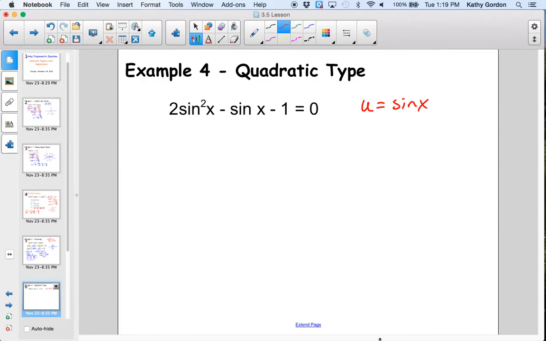So we can do u substitution in this case to make it look like just a quadratic. So we can deal with just the quadraticness of it. And then we can come back and deal with the trigness of it, rather than trying to deal with both at the same time and having our little brains explode on us. Okay? So by substituting sine of x with a u, I now have an equation that looks like this.